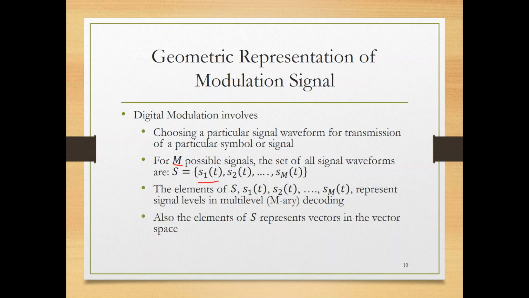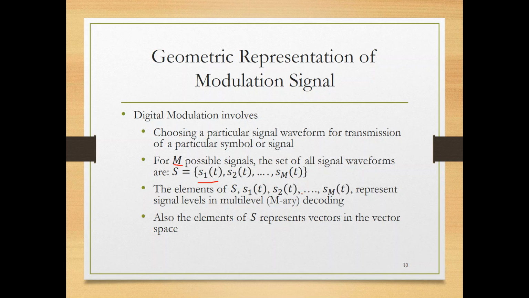To simplify studying these modulation schemes, we want to give some mathematical notations so that we can deal with them and manipulate them. The first waveform that corresponds to the first symbol you want to transmit, we call S1 of t. You have S2 of t, up to Sm of t.